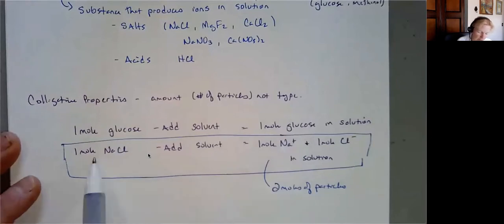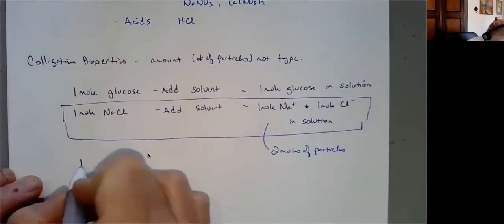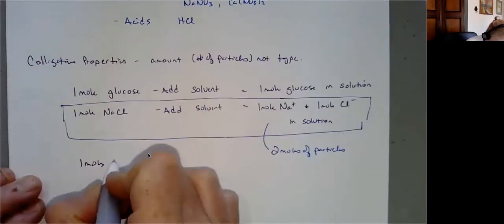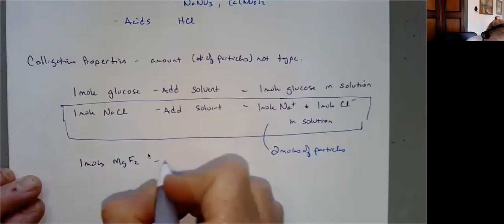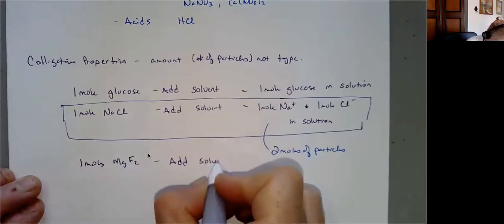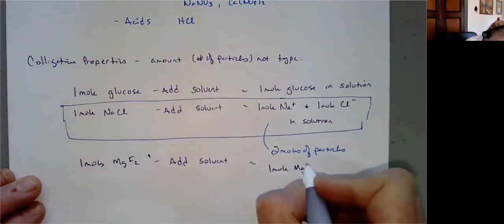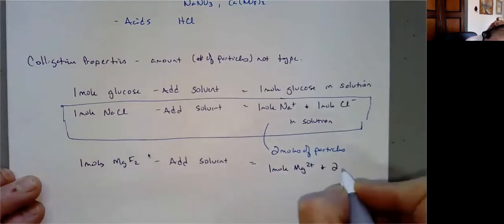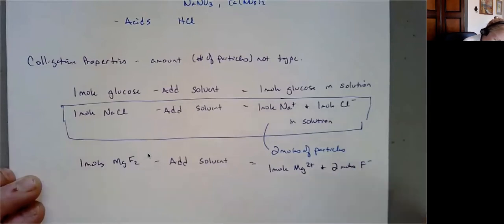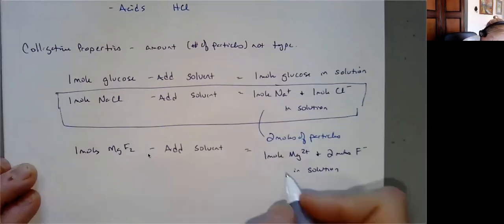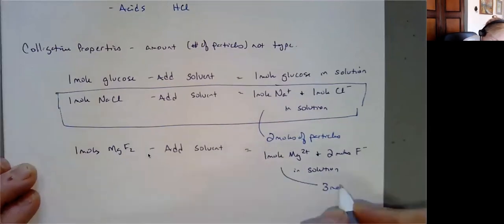But if I have an electrolyte, I have to look at the number of ions it produces in solution. Take 1 mole of magnesium fluoride added to solvent. Now I'm going to produce 1 mole of magnesium ions and 2 moles of fluoride ions in solution. So now I have created a solution with 3 moles of particles.